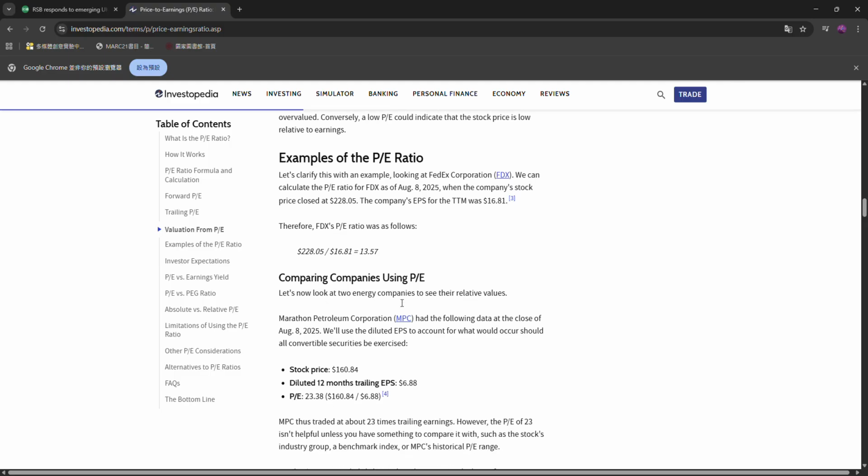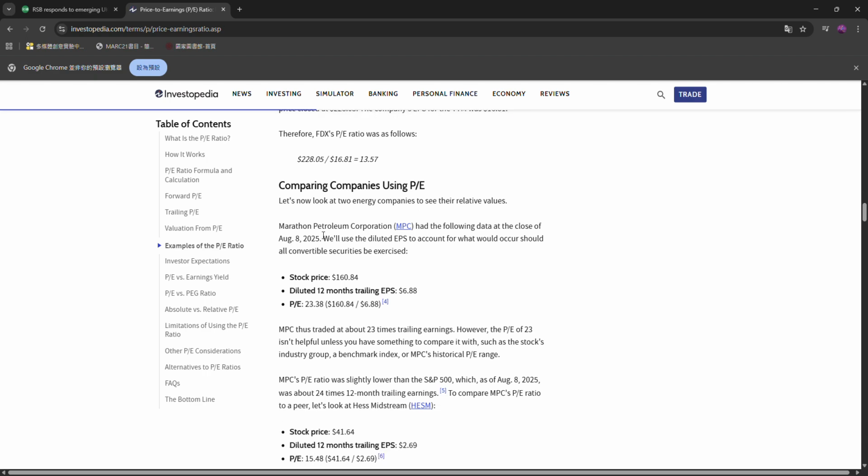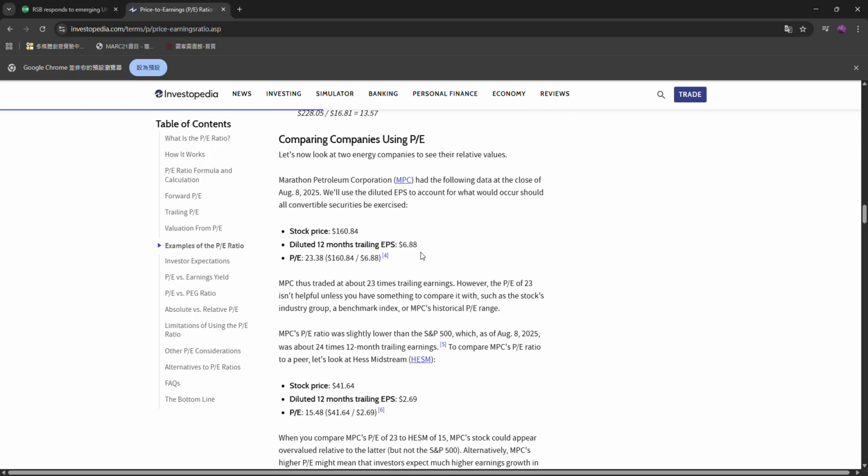Comparing companies using PE. Let's look at two energy companies to see relative value. Marathon Petroleum Corporation has the following data as of the close of August 8, 2025. We will use diluted EPS to account for what could occur if all the convertible securities were exercised.